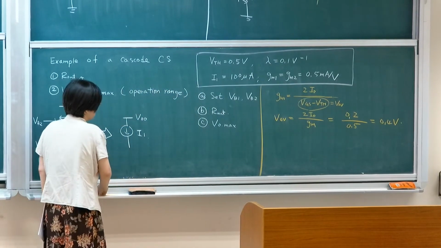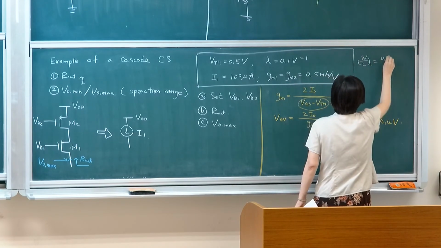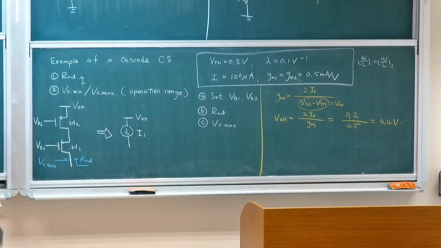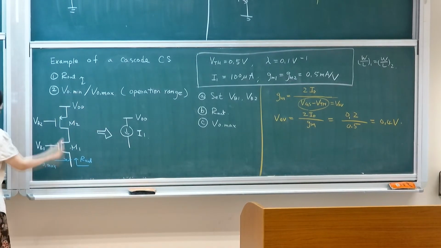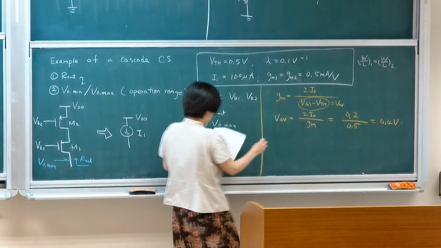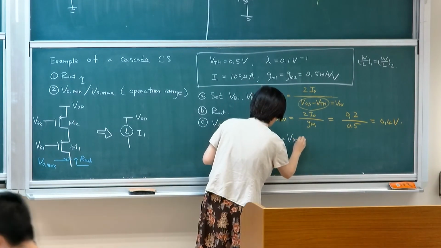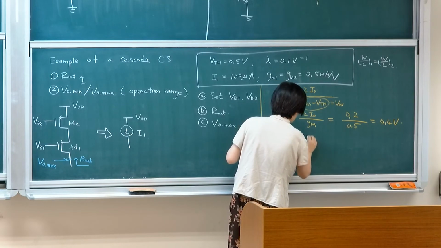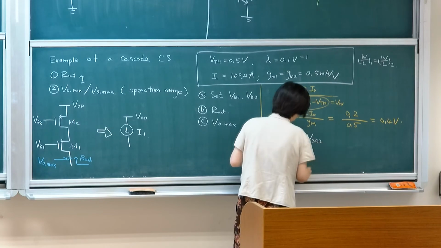We're using identical transistors for now. Assuming that M1 and M2 are identical, let's say W over L1 equals W over L2. Then this tells us the voltage, so you can set VB2 now. VB2 should be VDD minus VSG2. And what is VSG?